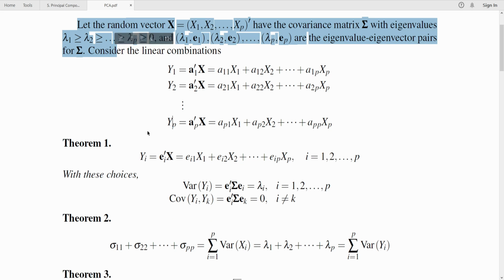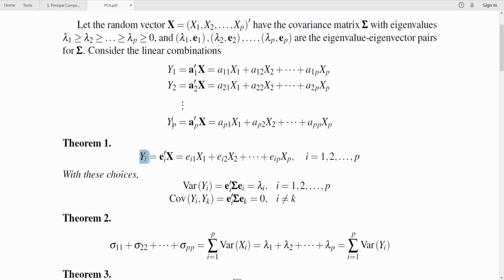Then we know that our ith principal component is given by this linear combination of our initial p variables, where, for example, e1 is our corresponding eigenvector and lambda 1 is the corresponding eigenvalue, and that particular eigenvalue is actually our maximum variance for this principal component.